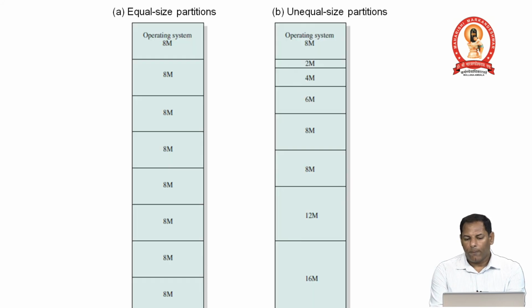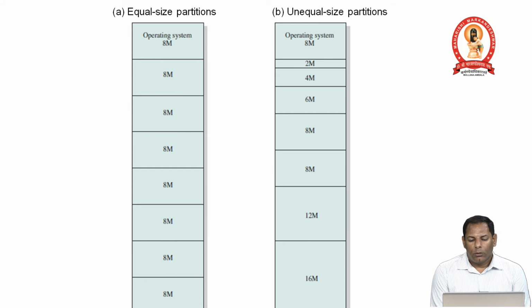But if you see, these are the differences between fixed partition and unequal size partition. The advantage of unequal partition is that it is simple to implement and easy to manage, but there are disadvantages too. The scheme also suffers from internal fragmentation.